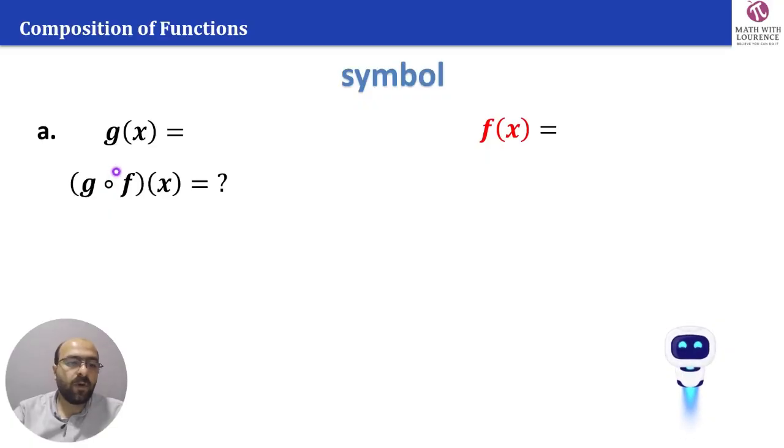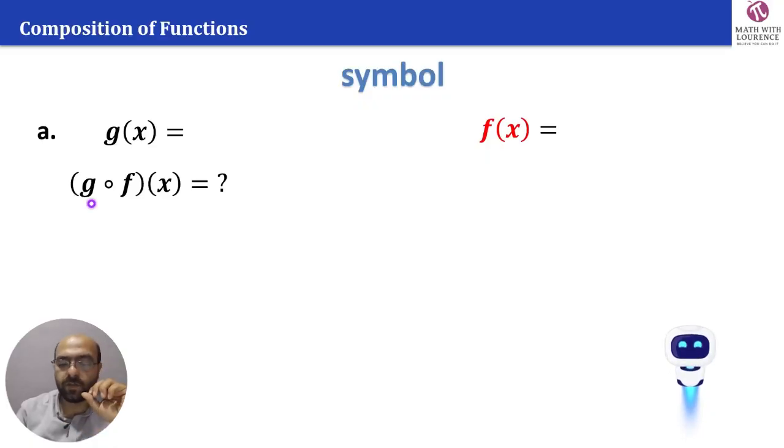The symbol for combining is a small circle. So if asked to make the composite of g and f, I start with g and substitute each x in g by all of f of x. That means I write f of x inside g of x.